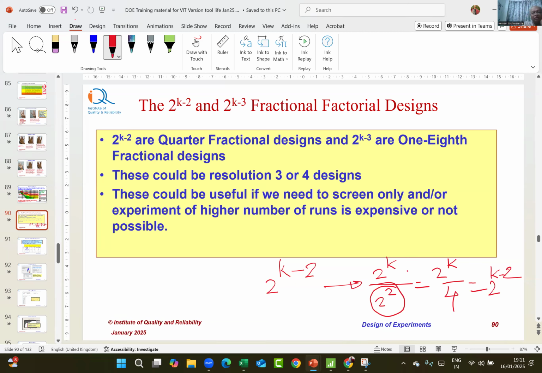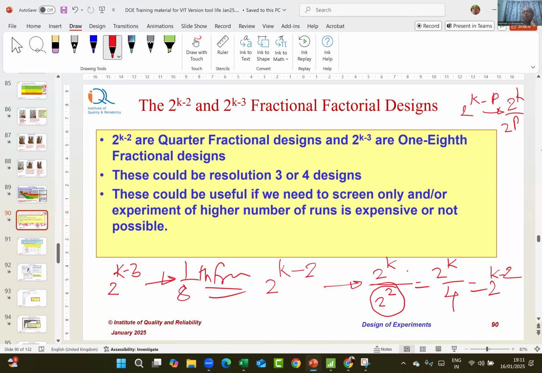2 to the power k minus 3 will obviously be a 1/8 fraction of the full factorial design. In general, you can have 2 to the power k minus p designs, which means 2 to the power k divided by 2 to the power p fraction.